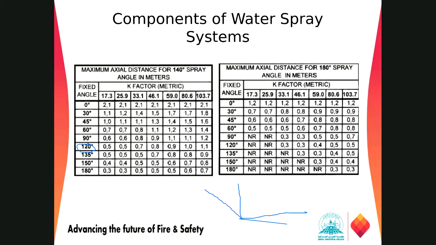This is exactly 120 degrees, so this area will be covered by this nozzle. The sketch is not coming out exact. For 120 degrees, if the K factor is 59.0, the K factor is 17.3, it will cover 0.6. The axial distance for 140-degree spray nozzles is around 0.5 meters.